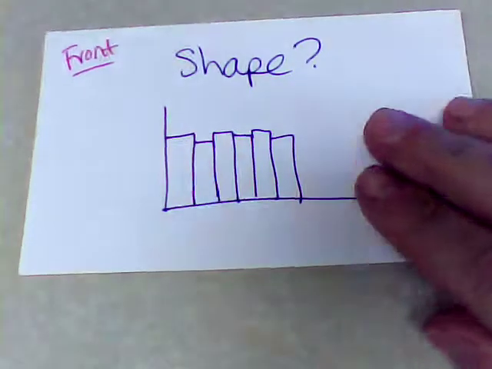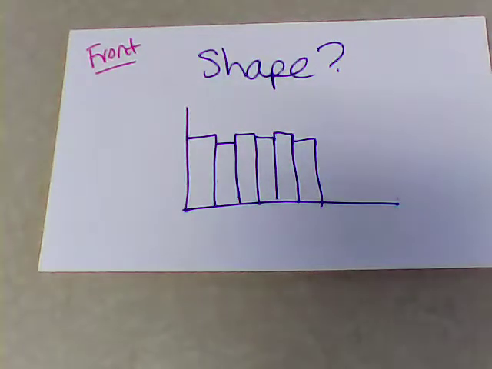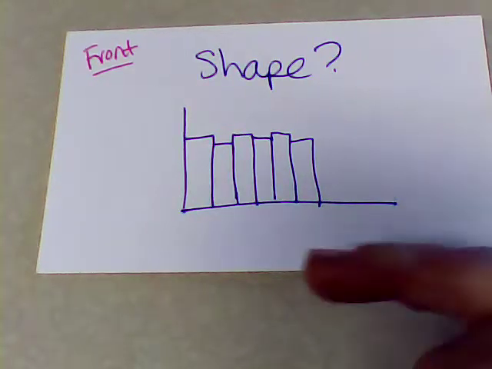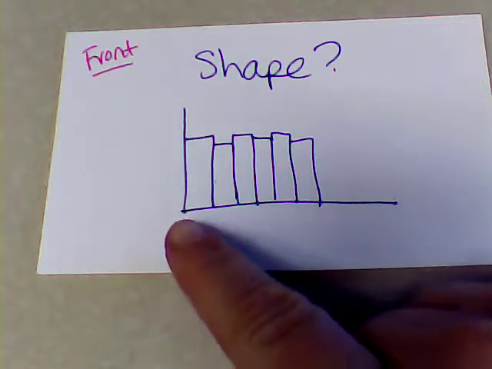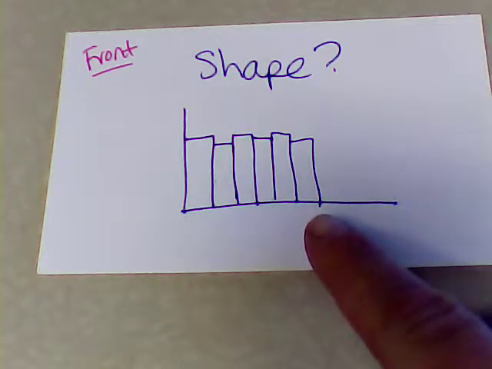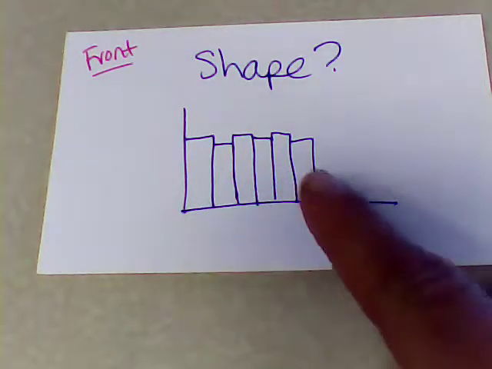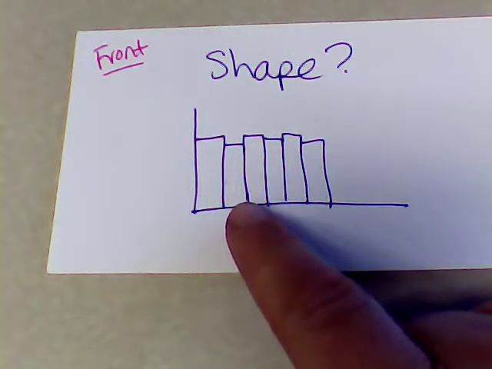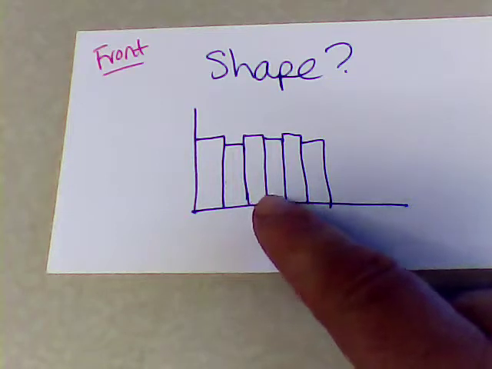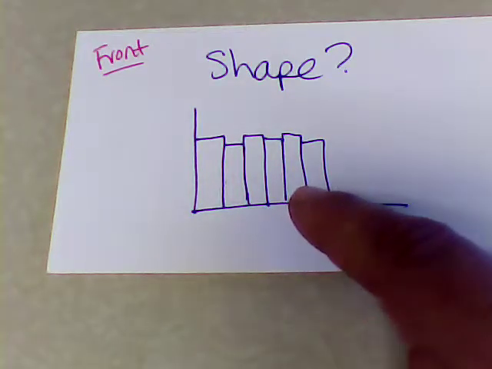Okay, here's another shape. This would maybe be if you roll a die, a number cube, let's say 6,000 times. You'd get about 1,000 ones and about 1,000 twos and about 1,000 threes and about 1,000 fours and so forth.